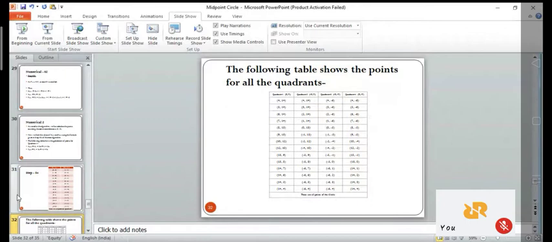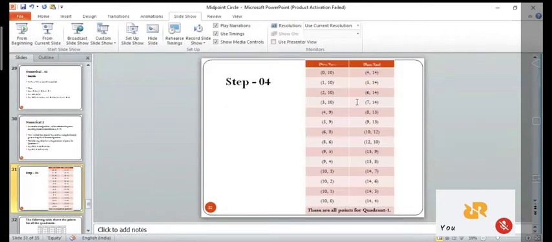And these points that you obtain are obtained only for one octant.